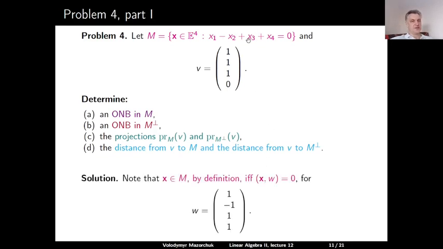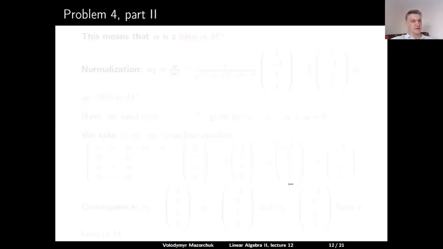If we look at the definition of M, we see that a vector x belongs to M if and only if the scalar product between x and the vector (1, -1, 1, 1) is 0. This means exactly that the orthogonal complement to M is spanned by the vector (1, -1, 1, 1).